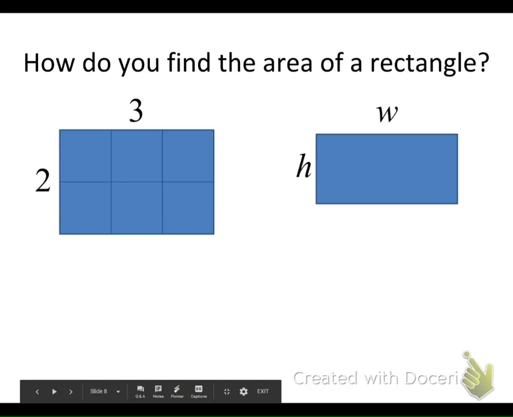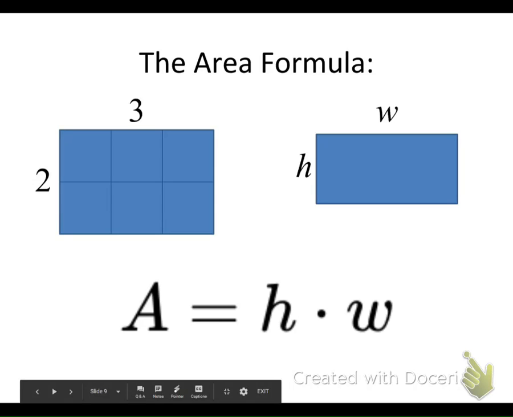The area formula is going to be A, which stands for area, because remember, every time we talk about a formula, we always put the type of formula we're doing. So A equals height times width. Where it says the area formula, underneath that, you're going to put A equals height times width.